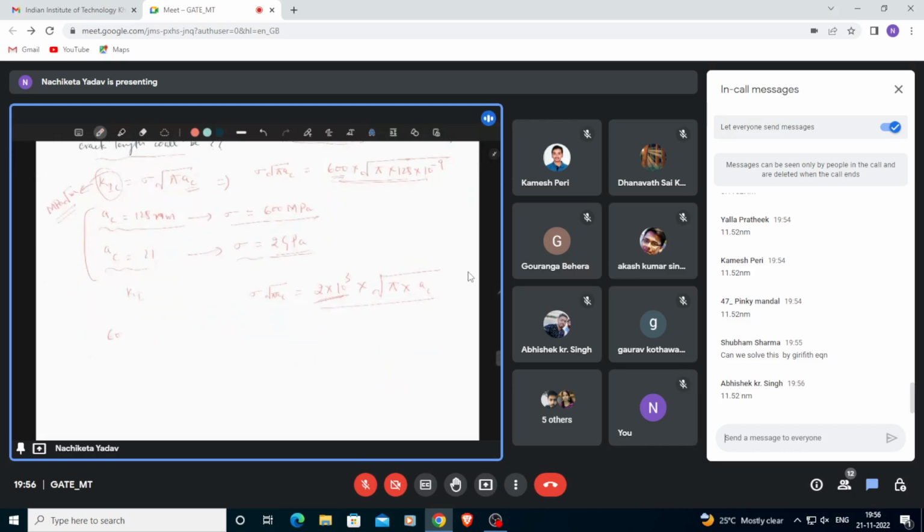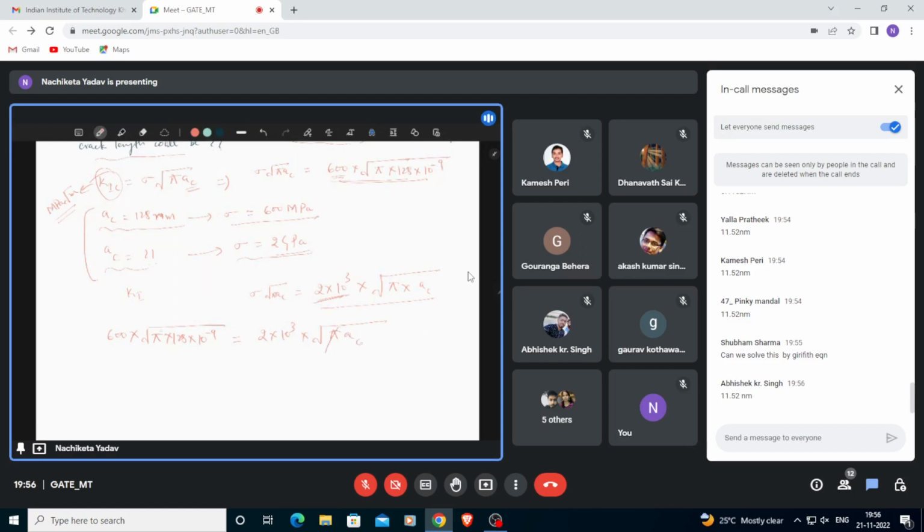So if you equalize both equations, you will find 2 into 10 to the power of 3 into root pi AC.